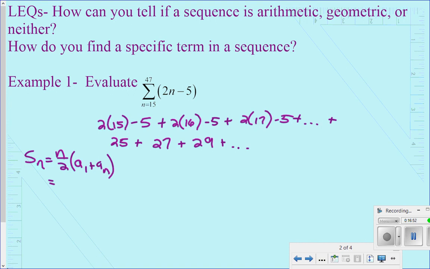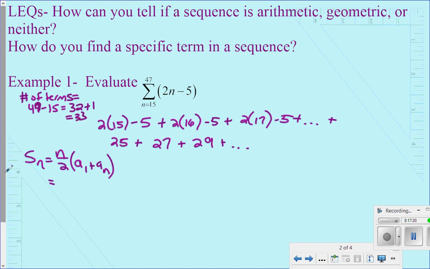So instead, what we have to do to find the number of terms is, we talked about this yesterday, we're going to subtract 47 minus 15, the upper index minus the lower index, and then we're going to add 1. So when I subtract 47 minus 15, I'm getting 32. And then I add 1 and I get 33.